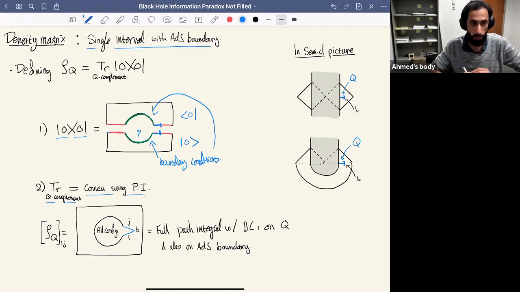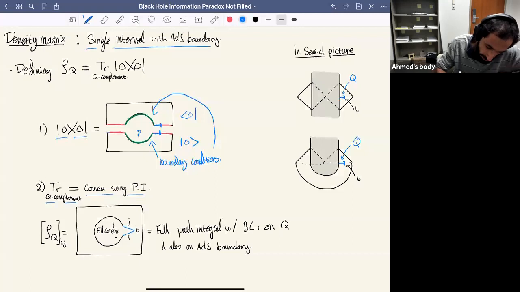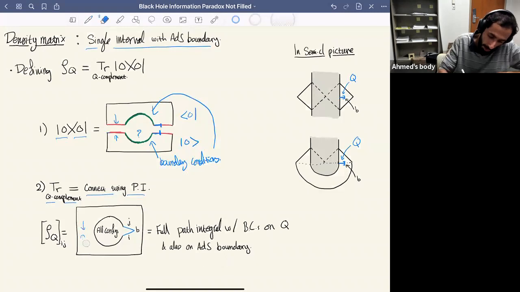Connect everything else using the gravity path integral. So in the CFT regions, there's just going to be identifying the top and bottom pieces. And so the path integral just gets the two regions glued together.